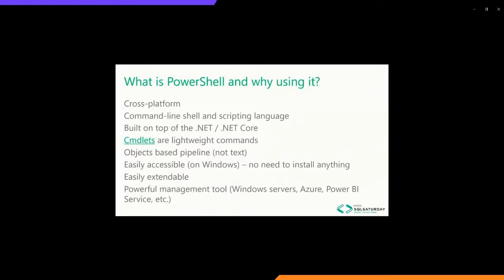This is, I would say, a fundamental change that is first of all performance-friendly, because you will not need, for example, to serialize and deserialize objects to XML or JSON to pass the data to the next command. You actually give the object itself.